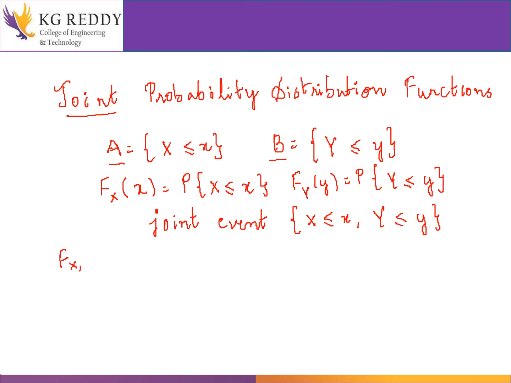I will write that as F_XY of x comma y, joint, because I am considering both the random variables and both the real numbers. So the joint distribution function will be written as the probability of X less than or equal to x comma Y less than or equal to y.